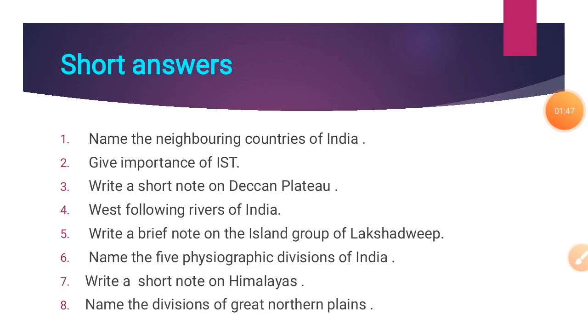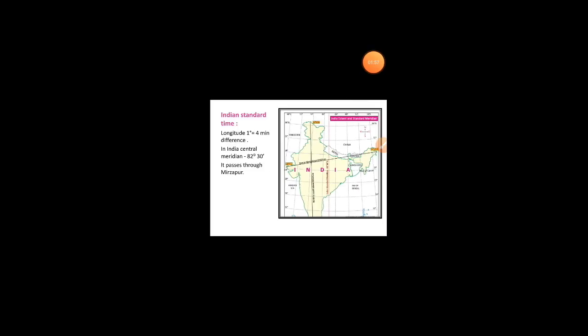The next important question is, give importance of IST. IST means Indian Standard Time. Based on the longitude, the time will be calculated. Longitude 1 degree is equal to 4 minutes difference. In India, the central meridian longitude is 82 degree 30 minutes east.